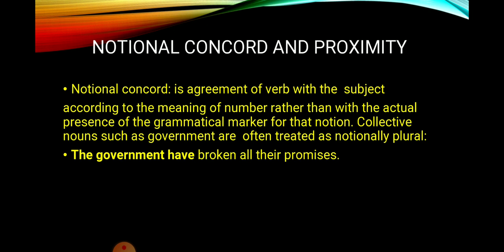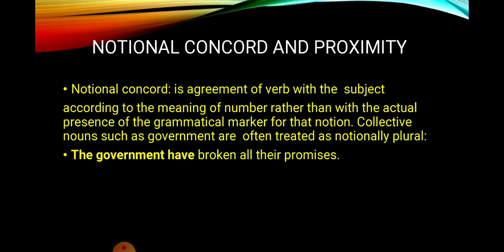However, when we look at the meaning of this noun, we can say that the word government includes so many people and institutions. So it could be considered as a plural on the level of meaning.